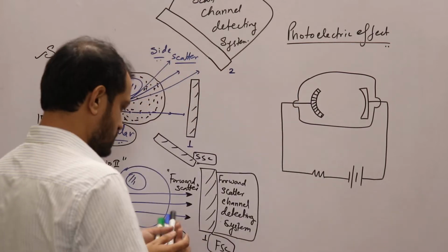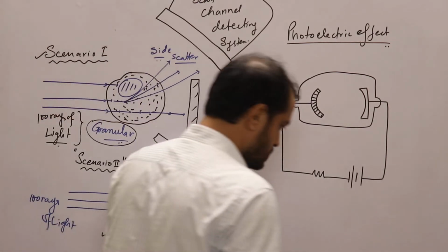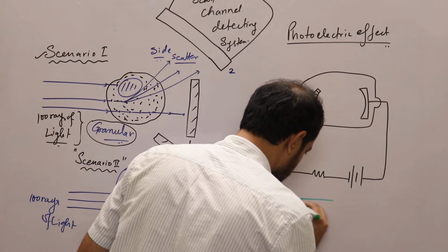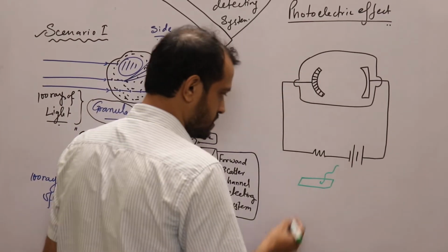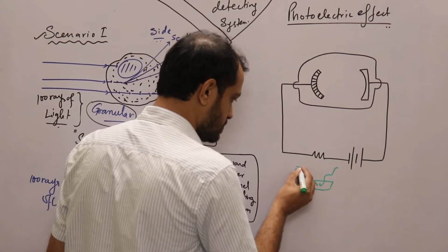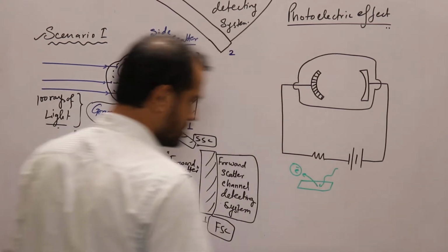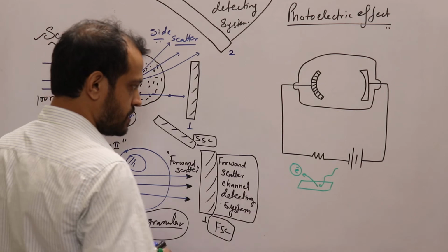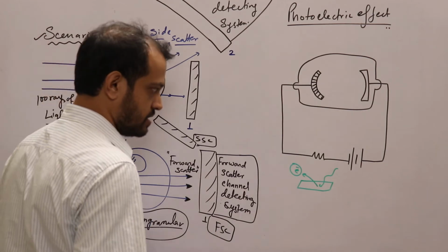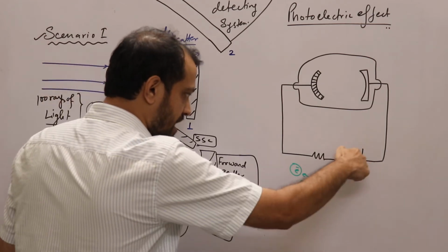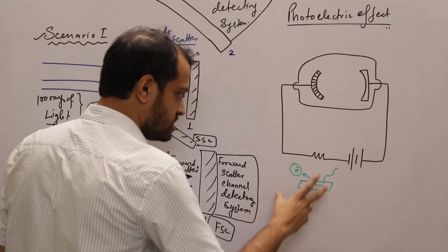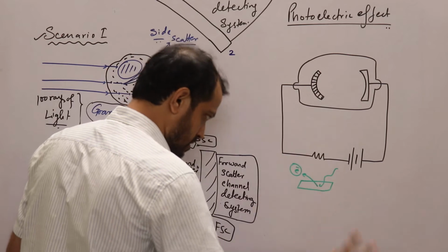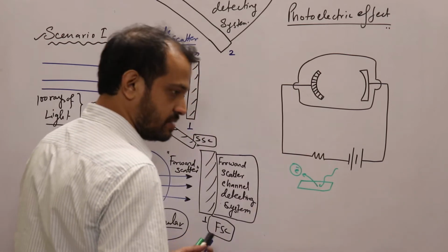There are some metals. Suppose this is a metal surface, and if light falls on it, it will eject out electrons. This is called the photoelectric effect. Whenever a light photon comes and ejects an electron, that's why it is photoelectron. But now listen, why is it called electric? Because there is a circuit.